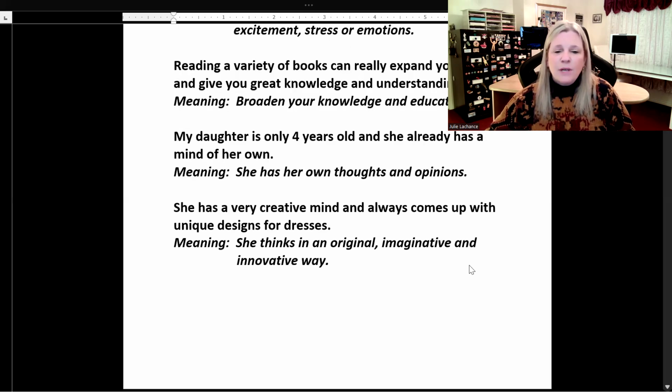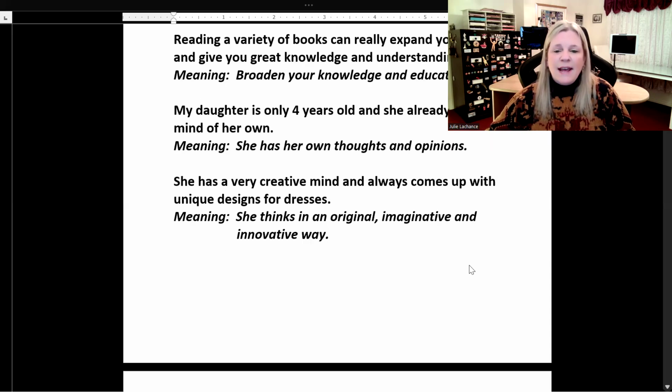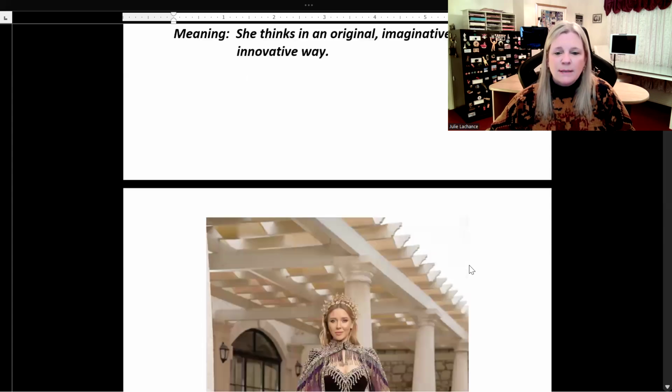She has a very creative mind and always comes up with unique designs for dresses, meaning she thinks in an original, imaginative, and innovative way to design her dresses.